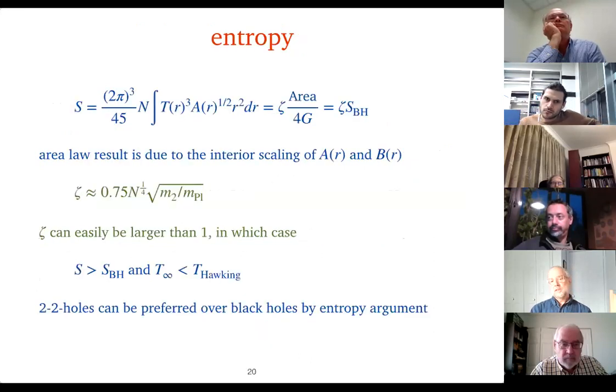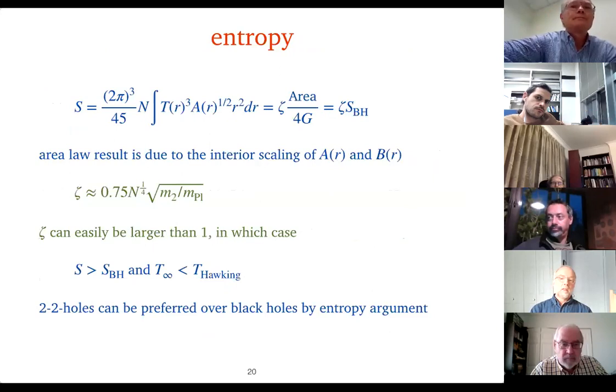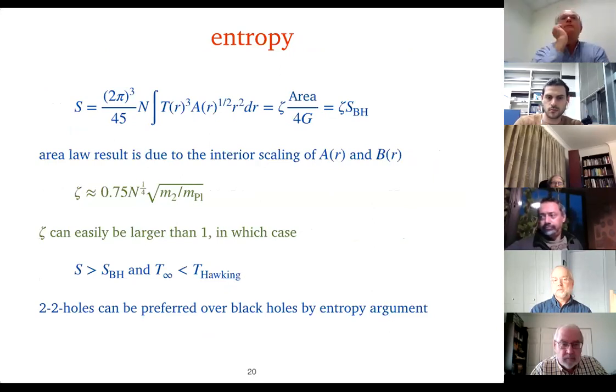So yeah, where does this entropy come from? Well, there's no mystery here. It just comes from the entropy of a hot gas. So you just do some integral over something involving temperature cubed. And you remember that temperature has a 1 over root B in it.